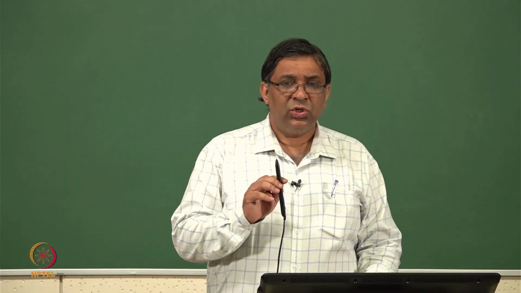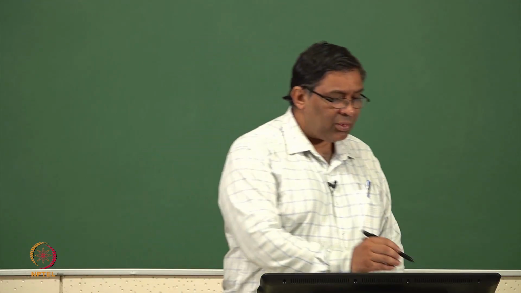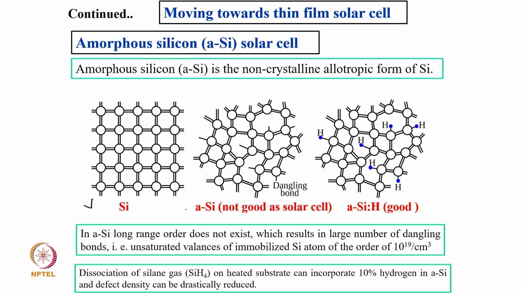Let me just show you very clearly. You already know the difference between a crystalline material and an amorphous material. You can see the two figures. This is a crystalline material, where all the atoms are sitting at particular positions in a well ordered manner. This is called a crystalline structure.